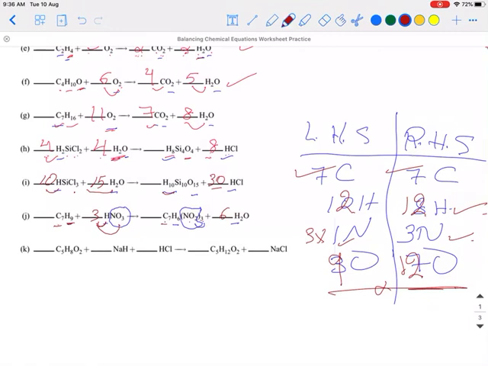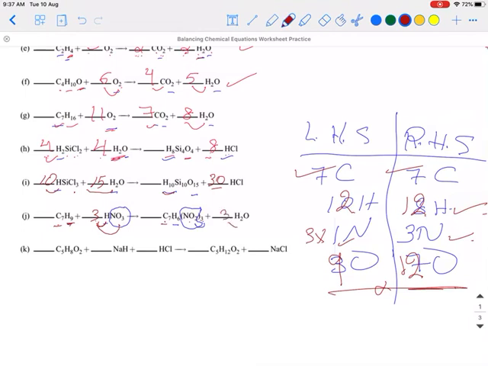Let us redo the balancing, trial and error. 7 carbon, 7 carbon. Hydrogen 9 plus 3, 12. Okay, there is a mistake here. That's why it didn't work. Here hydrogen 9 plus 3, the summation should be 12.